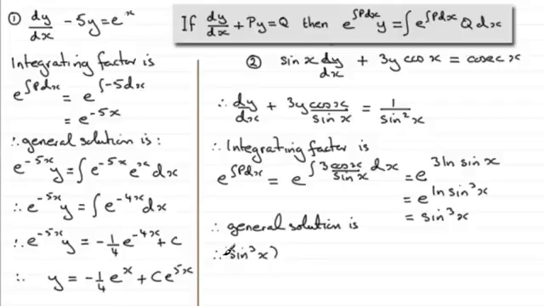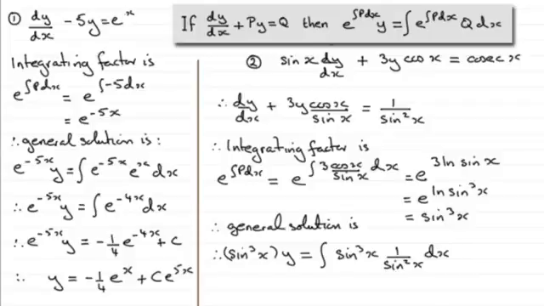Let's put that in brackets, and then it's going to equal the integral of e to the integral p dx, that's our integrating factor again, sine cubed x, multiplied by q. Q is 1 over sine squared x, so we put that in, 1 over sine squared x, and then all of this is integrated with respect to x.